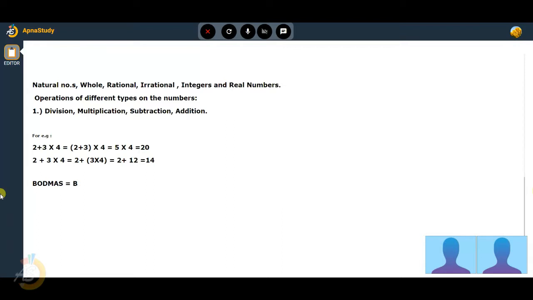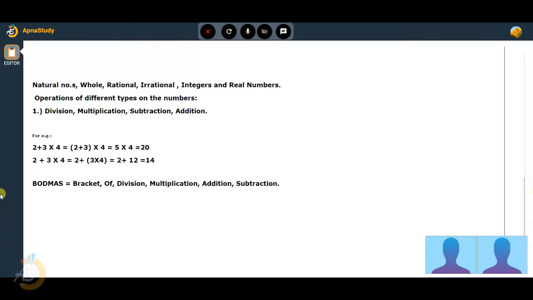Okay. B stands for bracket, O stands for of, D stands for division, M stands for multiplication, A stands for addition, and S stands for subtraction. I hope it is clear. Yes, absolutely clear. Now let's come to the problem we wrote.